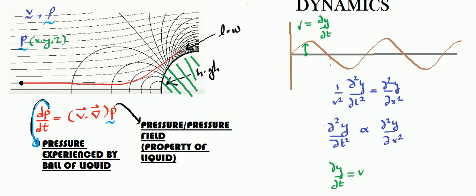You see that this velocity is a function of space and time, because it depends on which oscillator you are considering. If you are considering this oscillator at a particular space and at a particular time, the velocity will be different. But the overall idea is dy by dt represents the velocity of an oscillator on the rope.